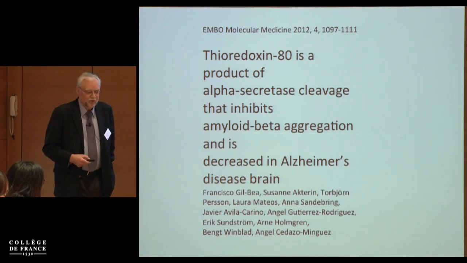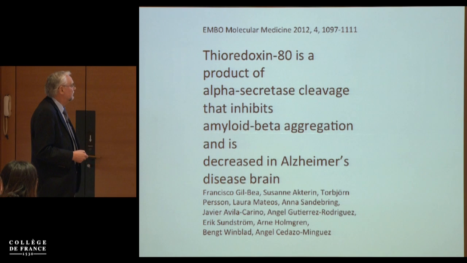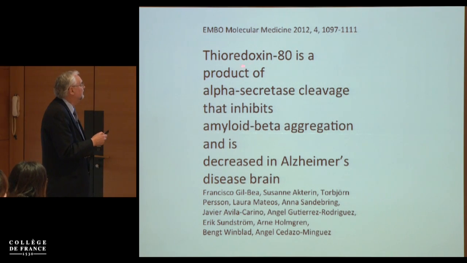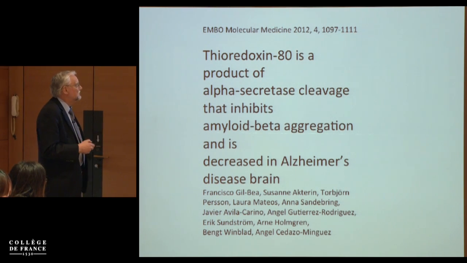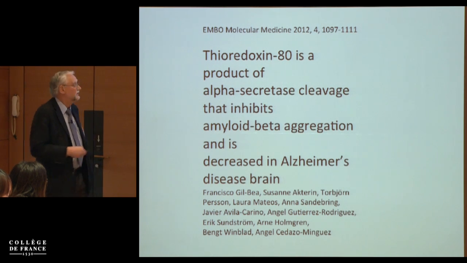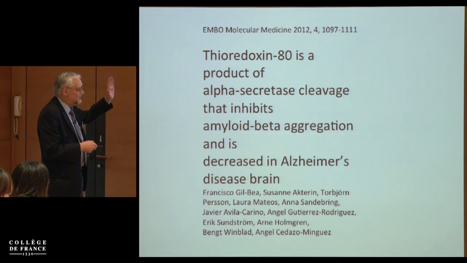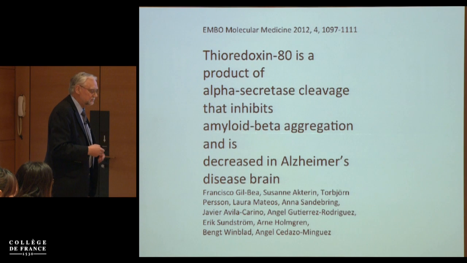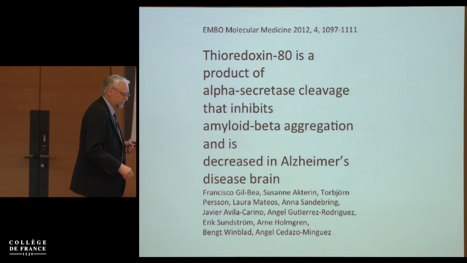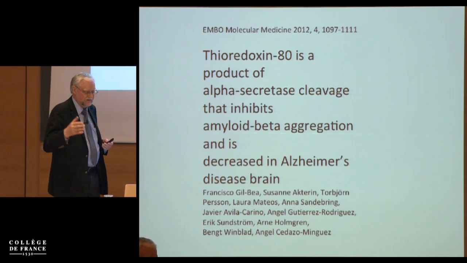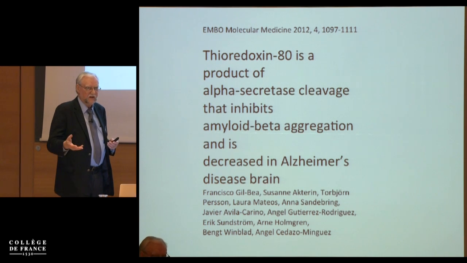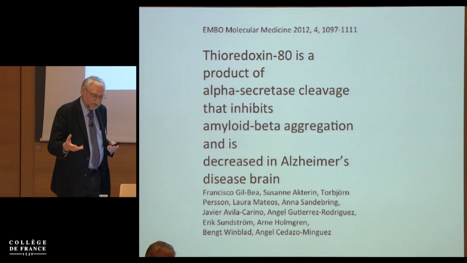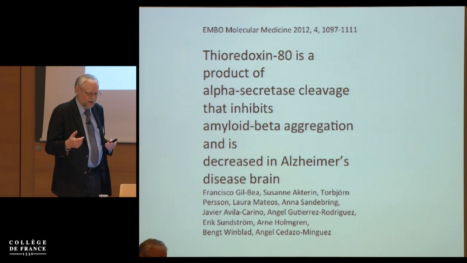The first paper they showed was that thioredoxin 80 was decreased in Alzheimer brains. This paper is very extensive and nice, and it answers two questions. Is it true that thioredoxin 80 is low in Alzheimer brains, and how do you generate thioredoxin 80?